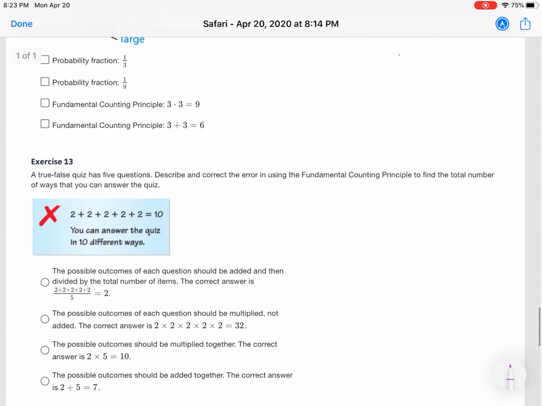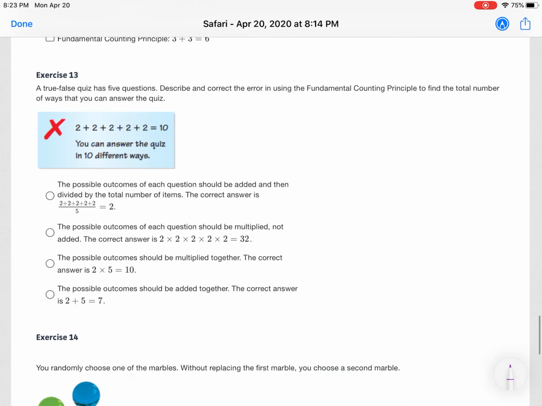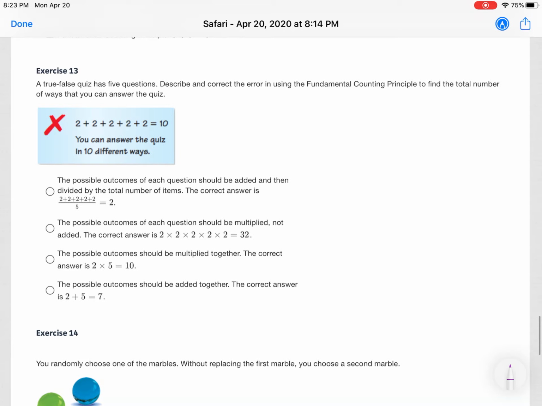All right. Number 13 says a true-false quiz has 5 questions. Describe and correct the error in using the fundamental counting principle to find the total number of ways that you can answer the quiz. So if there's 5 questions and each question can either be true or false, which means that there's 2 possibilities.